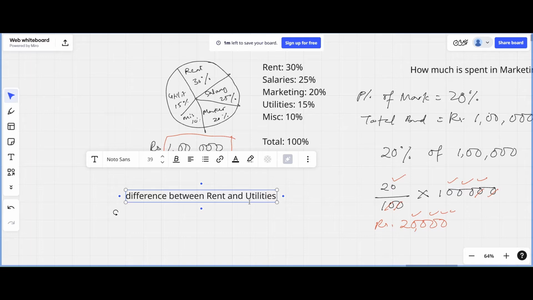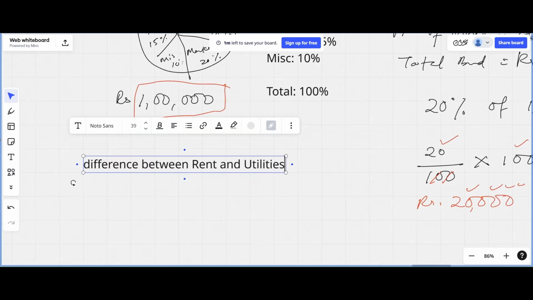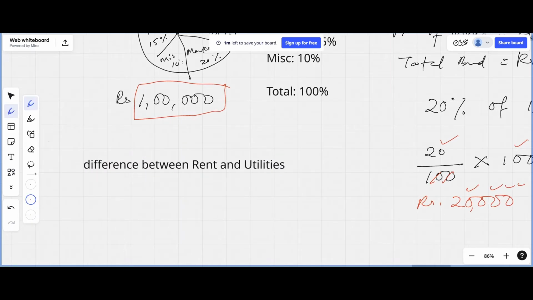Okay, I'm back. Can you find it out already? Let's see. How much do you get for rent? 30,000. Rent is equal to 30,000.